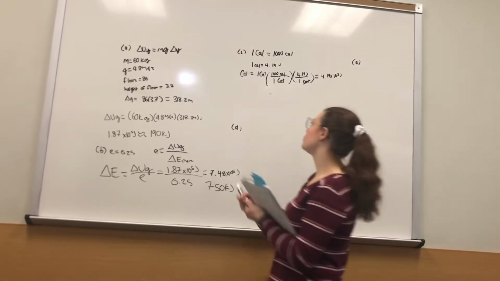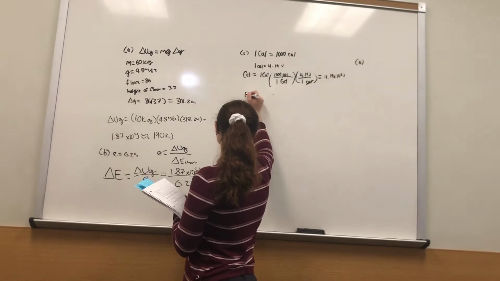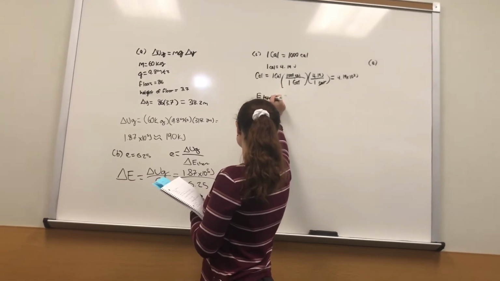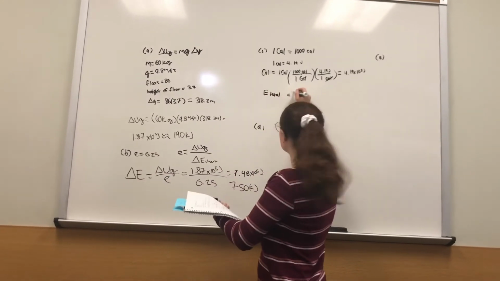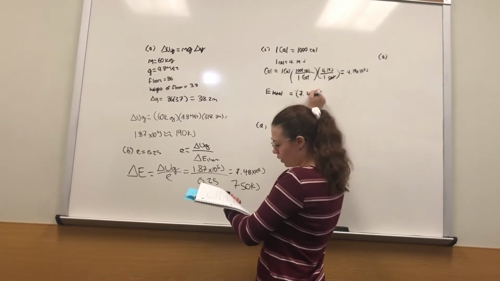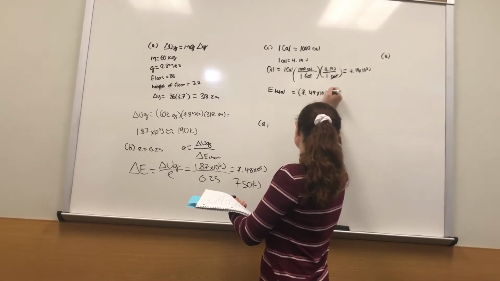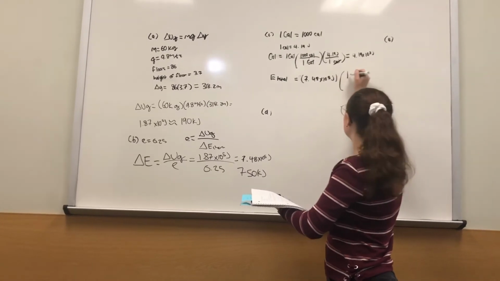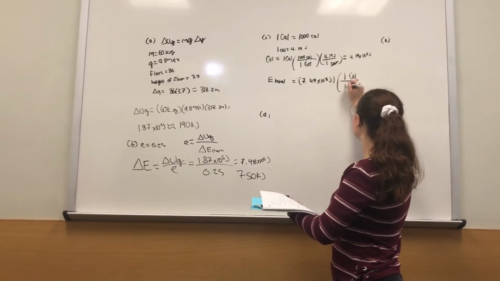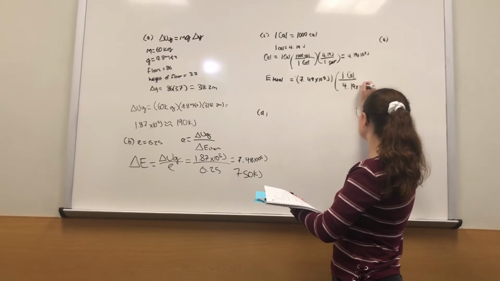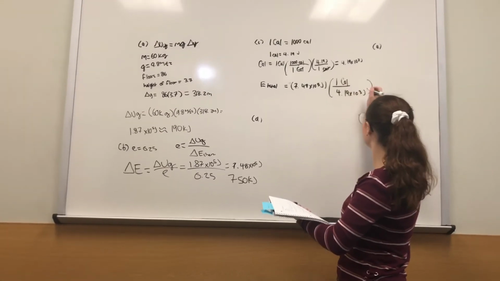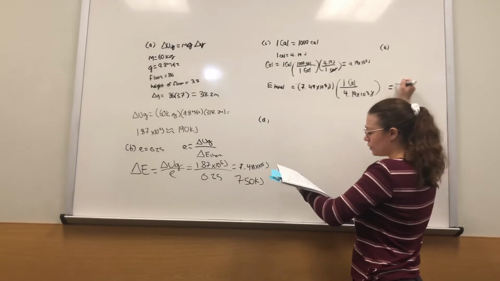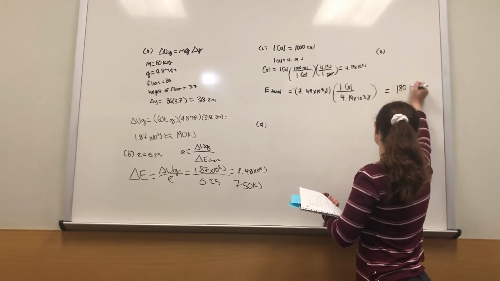So now our energy total that the racer burned is the 7.48 times 10 to the 5th joules that we found in part B, multiplied by 1 capital C calorie over 4.19 times 10 to the 3rd joules. And so we get that the racer burned 180 calories.